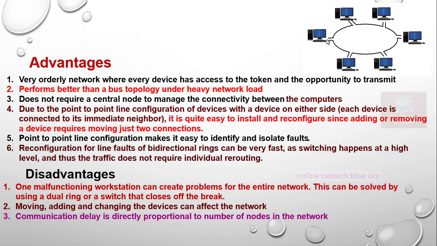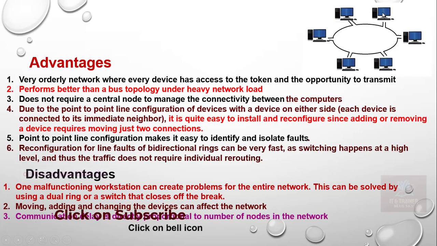Communication delay is directly proportional to the number of nodes in the network. So what is the main communication delay? Sometimes your computer works very slowly, and this computer sends data to this computer. The data goes from this computer here, and then on to here. So if this computer is very slow, it takes time, so there is a delay in sending forward to the other side.